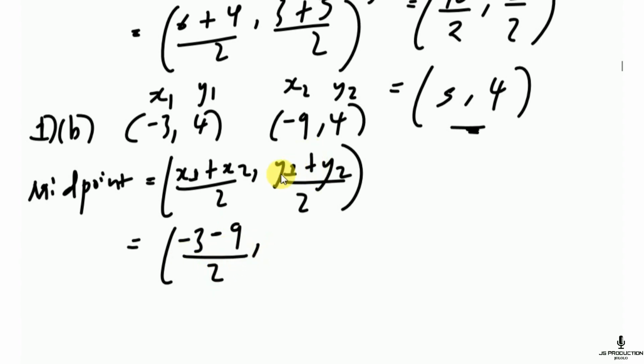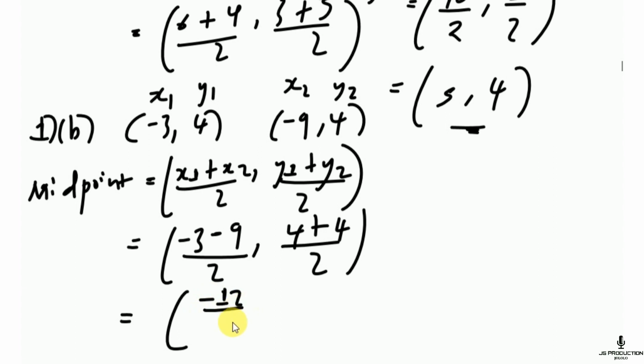Then my y1, that's 4, plus my y2, that's 4. So negative 3 minus 9, that's negative 12, divided by 2. Then 4 plus 4, that's 8, divided by 2.